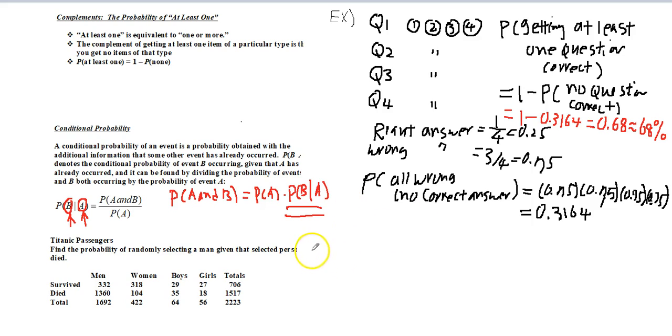The question is: probability of man given that the selected person died. So the second event, I'm going to call it B, and died is the event A.